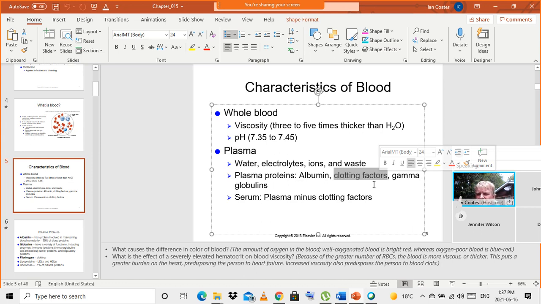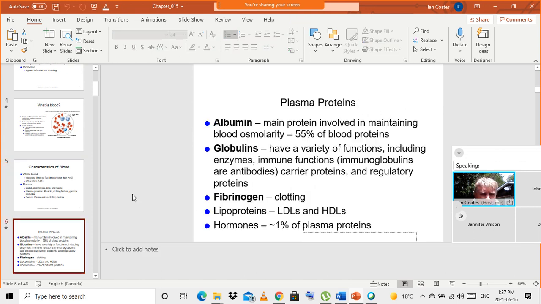Whenever you have a cut, it's sticky, it sticks all together, so now you have the ability to form a scab over your cut, right? You've got the serum there. And we'll get into more of the plasma later on when we get into type A, B, AB, and O blood types and what goes on there.